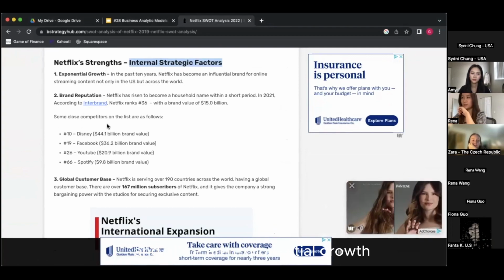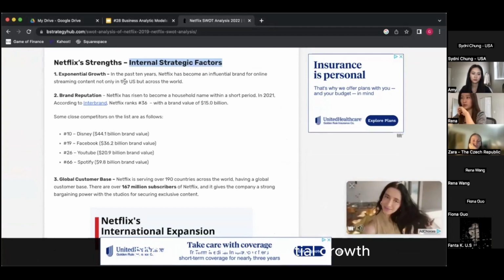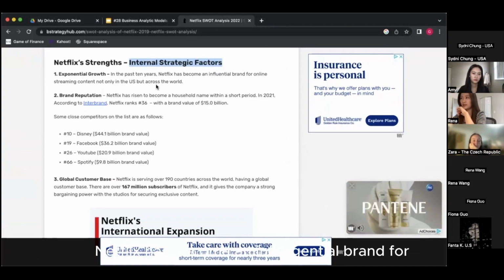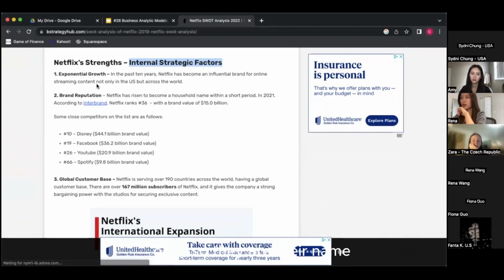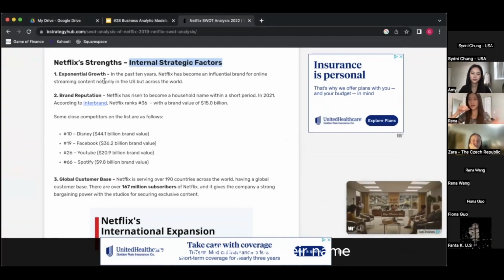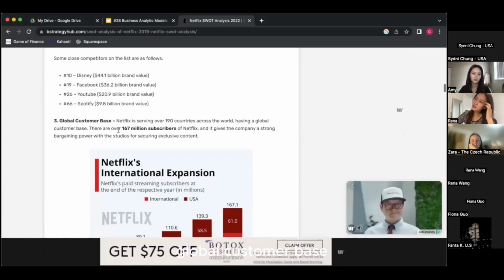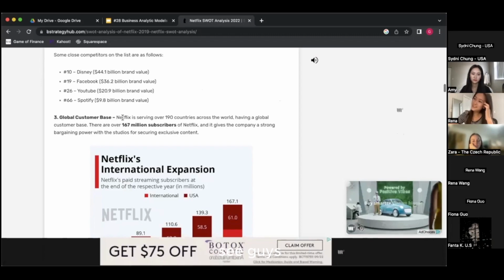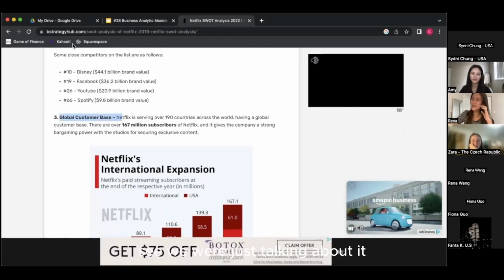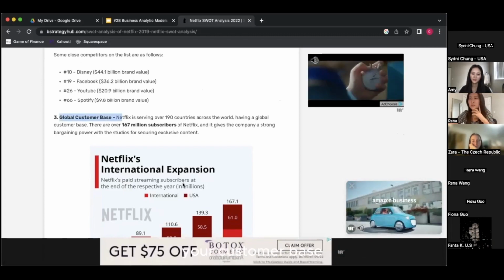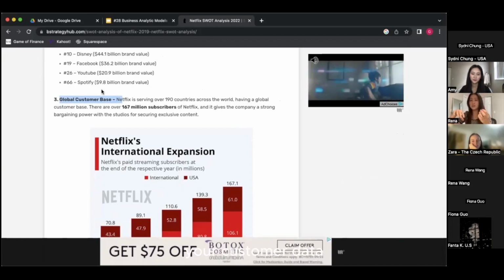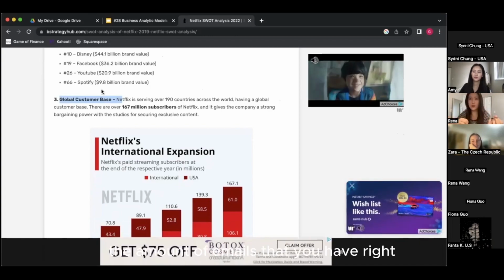And there is exponential growth. In the past, Netflix has become an influential brand. So their internal strength is their brand and global customer base. See, guys, we were just talking about it. Your customer base, your customer data, the amount of emails that you have, right?